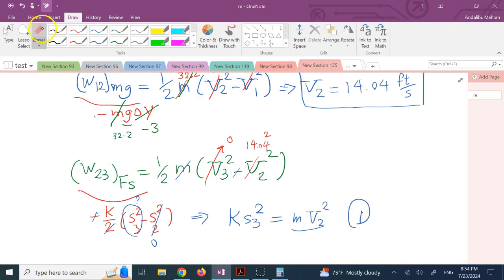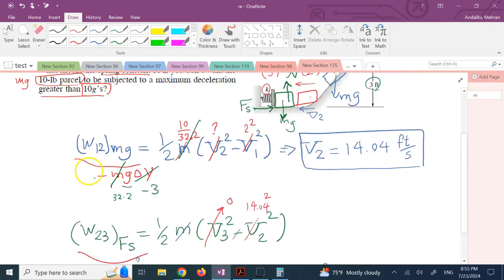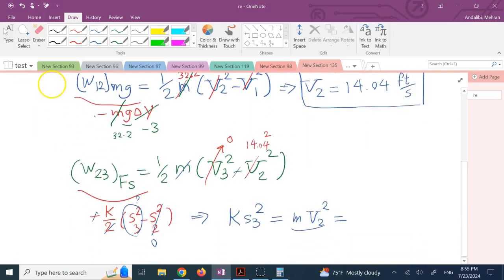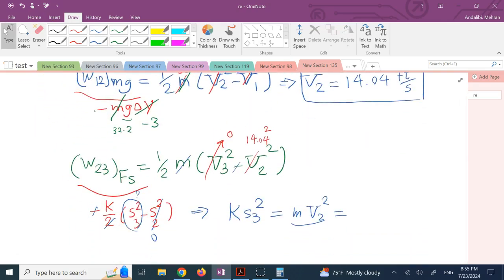If you want, we can get the number for you. So let's get the number. Remember, m was 10 divided by 32.2, and we multiply by that v2 squared. So let's go ahead and do that.